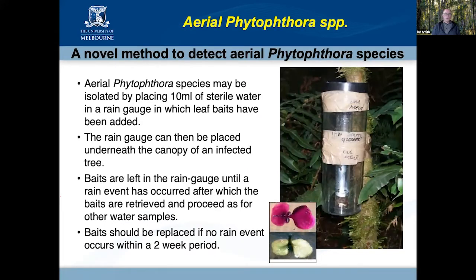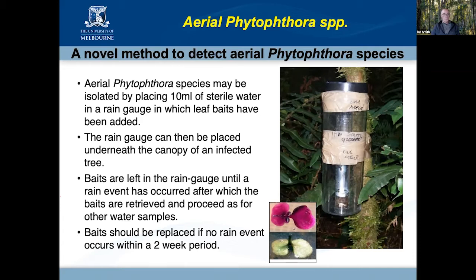We've developed some other new techniques for some of the new Phytophthora species, which I probably won't get a chance to talk about today, and perhaps it's time for another session. These are aerial Phytophthora species, like Phytophthora infestans, the very first potato blight. Some of these new Phytophthoras are also aerial, and they're splash dispersed.